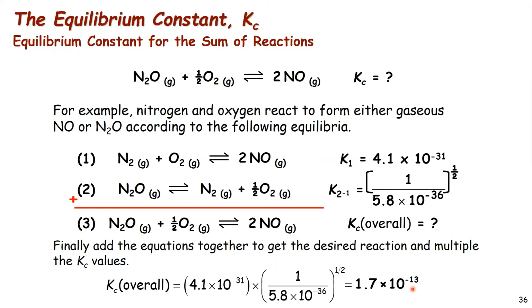It's a huge number. That'd be 10 to the 18 difference between these 2 reactions. Okay, so is everybody comfortable with being able to determine new equilibrium constants from given reactions?